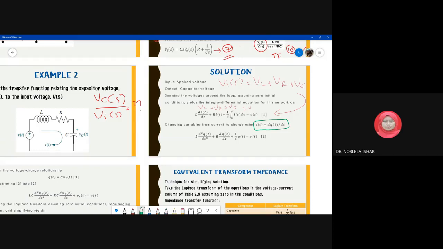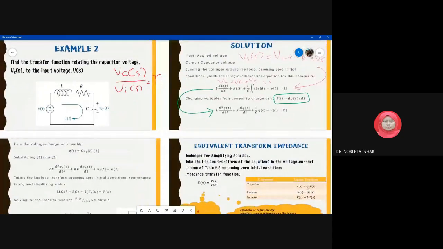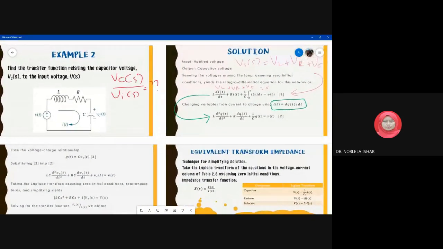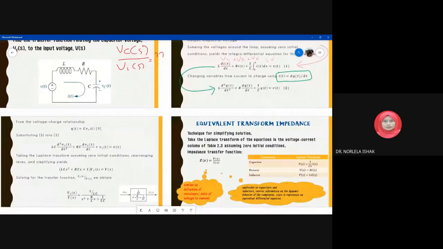All the current we change to charge, so we can get the second equation. Hopefully you can follow. Okay, right.